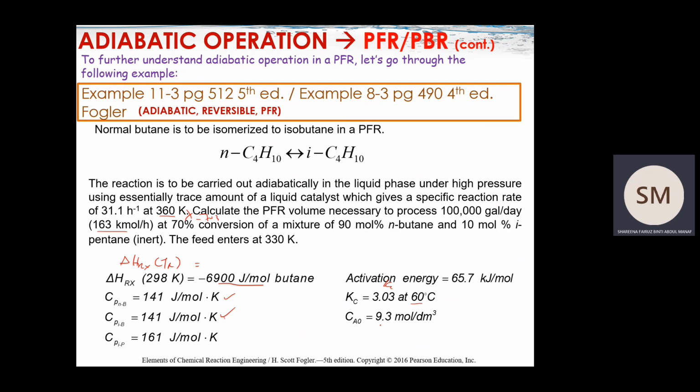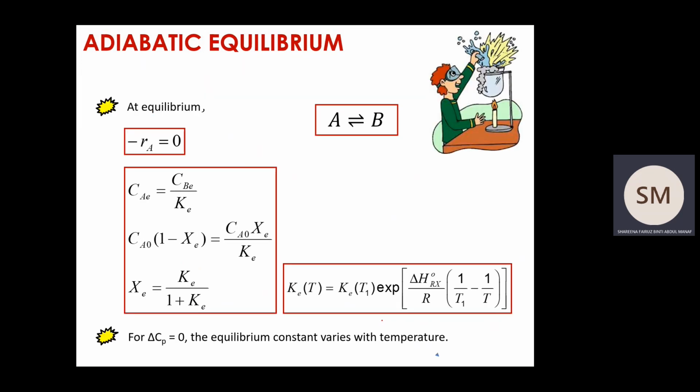So basically what you need to do is the same again. This is A reversible to B. At equilibrium, remember the negative r_A should be equal to 0. This is the one that you need to derive.